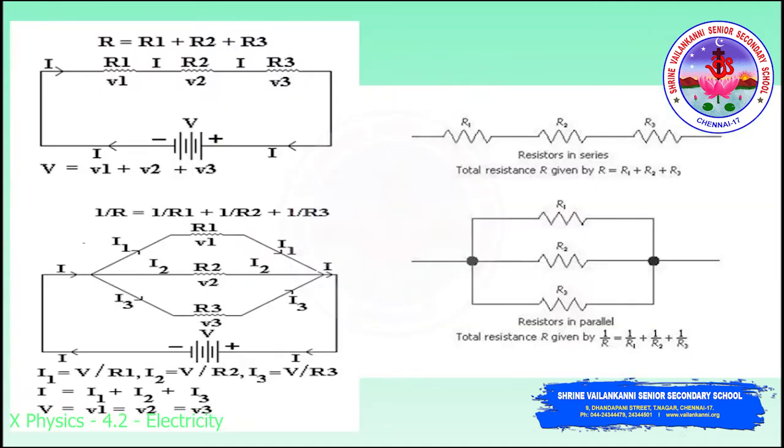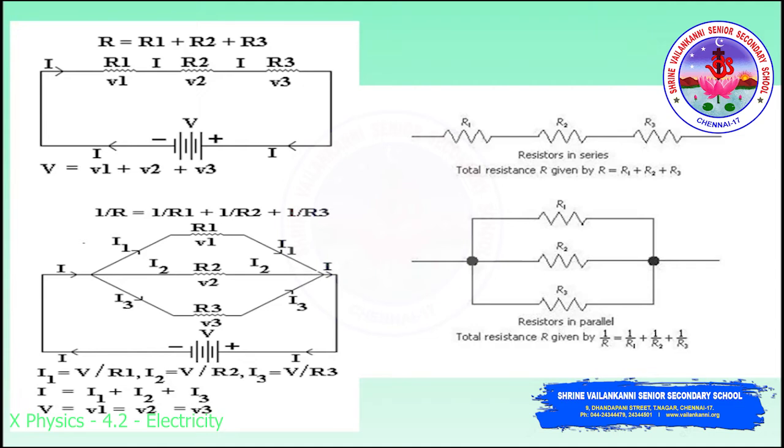Now, see the diagrammatic representation. See the first diagram, with the symbols R1, R2, R3 given. In a series combination, the same current passes through each resistance.